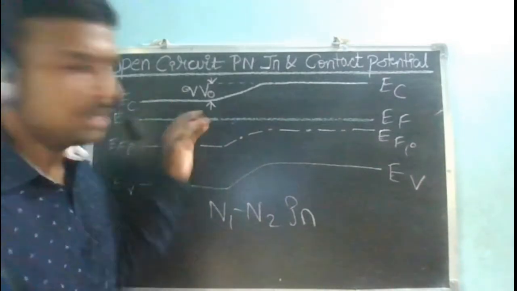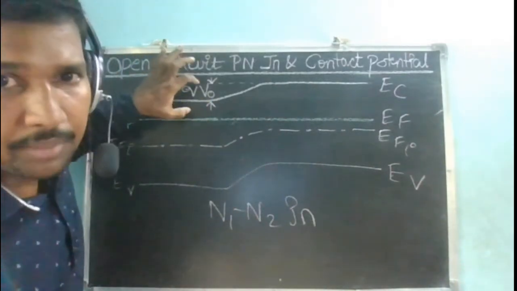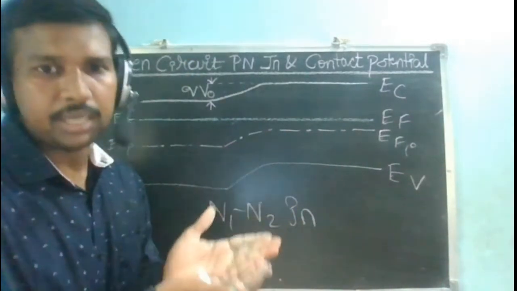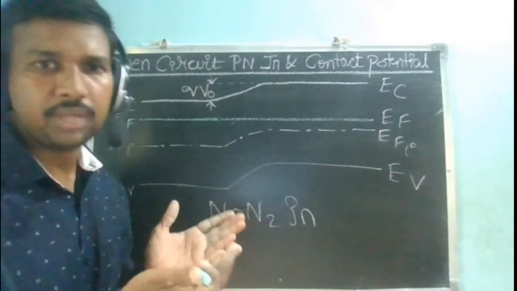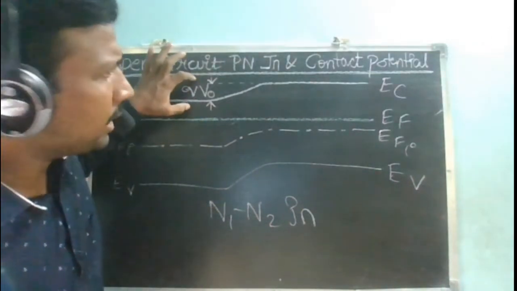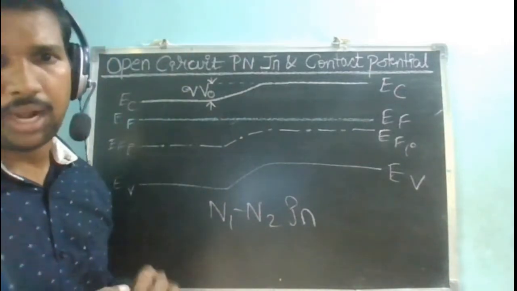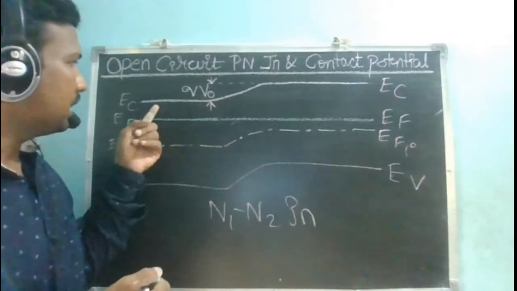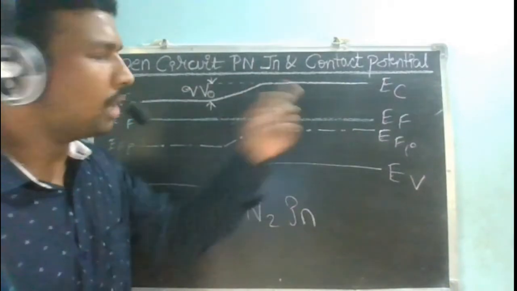Even earlier also, this inbuilt generated built-in potential is called the contact potential, because of the contact I made between the N1 and N2, because of the contact I made between the P1 and P2. This particular potential is going to be developed, and that is stopping further diffusion of charge carriers, the electrons on this side, to the other side.